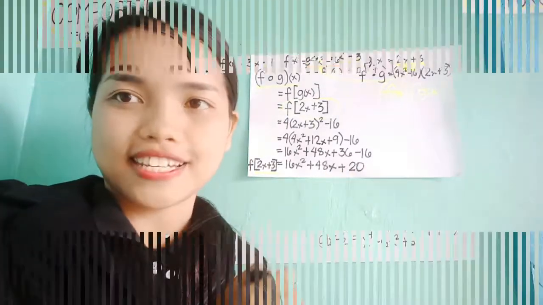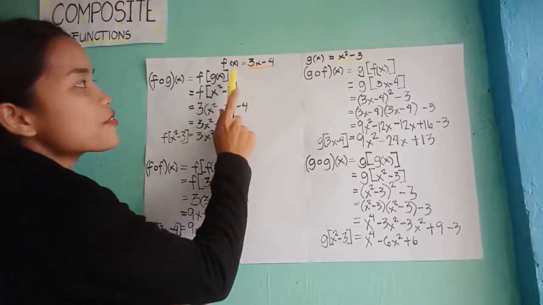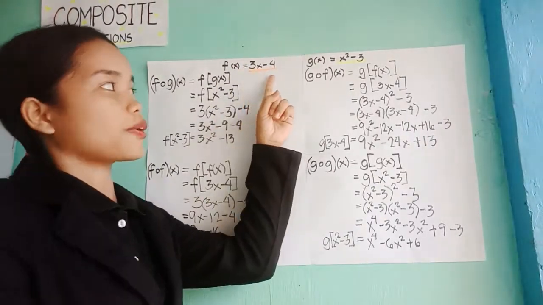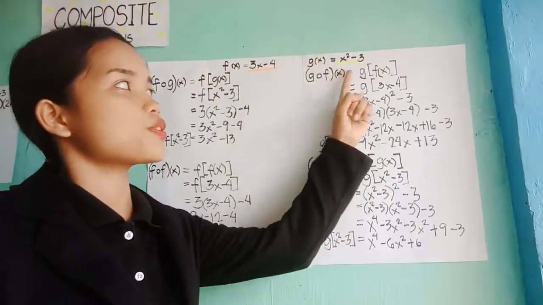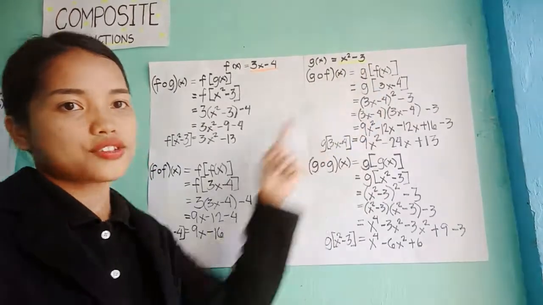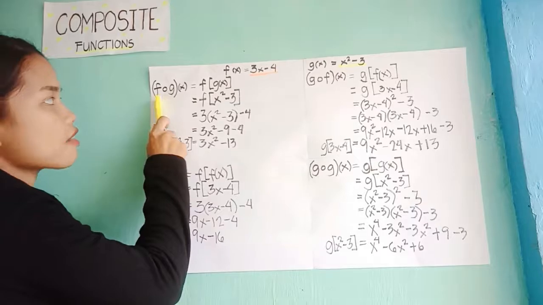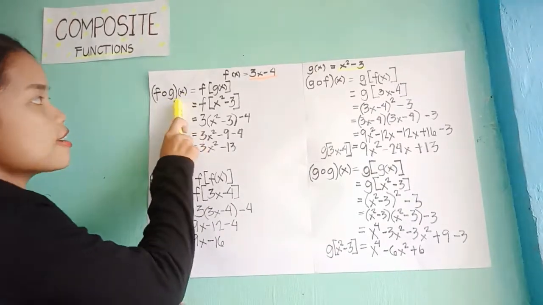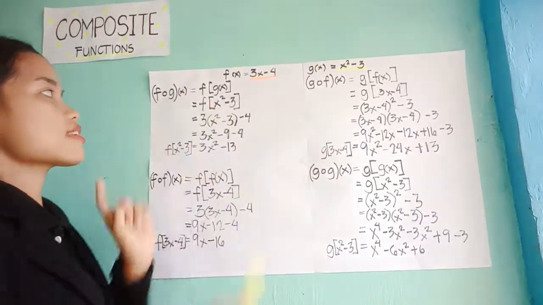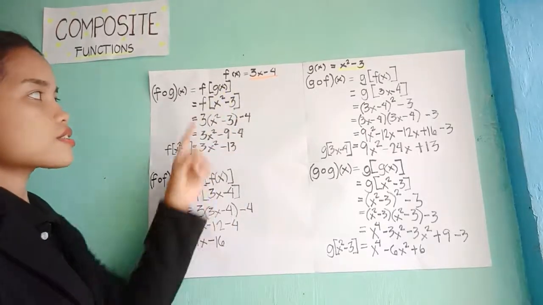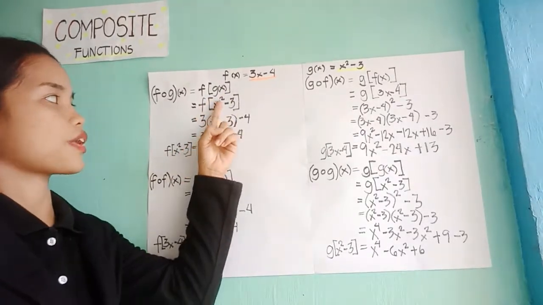So let's proceed. Let's say f of x is equal to 3x minus 4, and g of x is equal to x squared minus 3. First we will find f composed of g of x, which is read as f of g of x. The value of g of x is x squared minus 3.